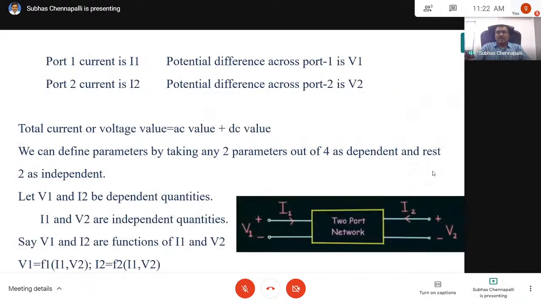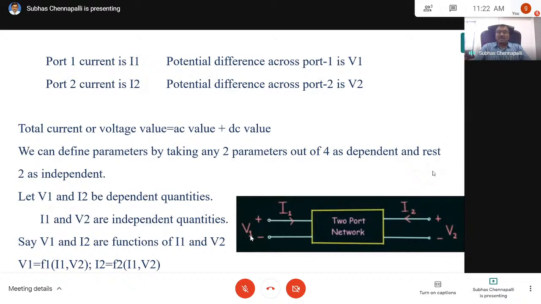Now I'll take the amplifier as a two-port network. The input port has voltage V1 and current I1. The output port has current I2 and voltage V2. Some time back I was saying that total current or voltage is AC value plus DC value, by superposition. But here we do AC analysis.